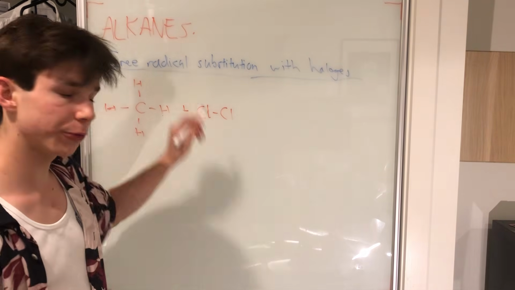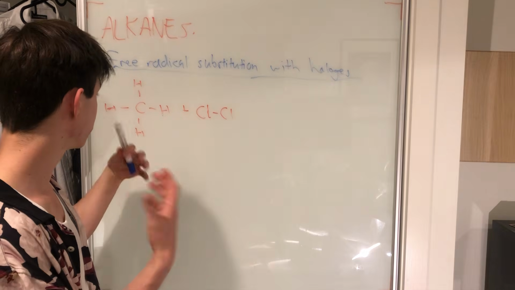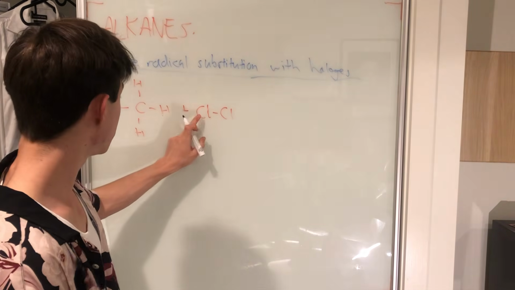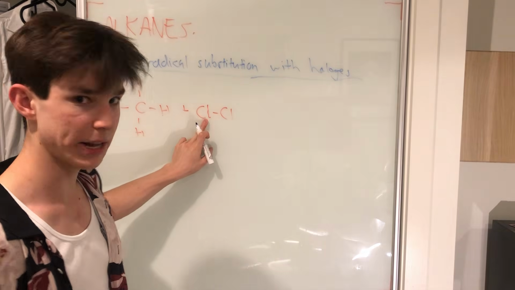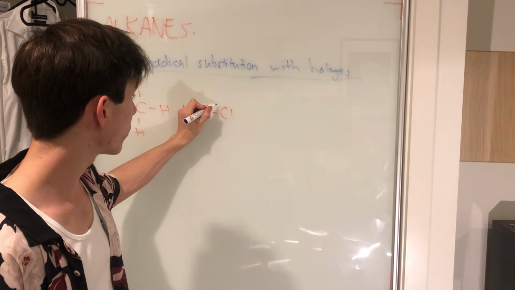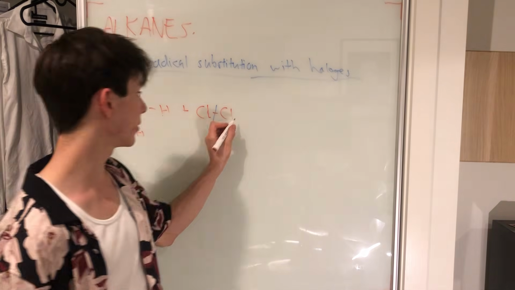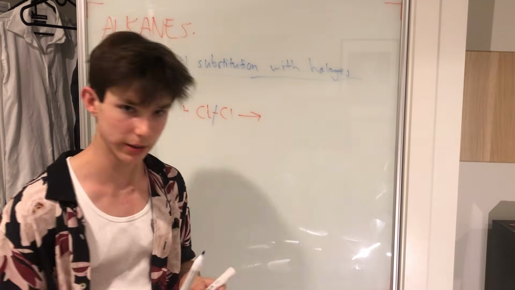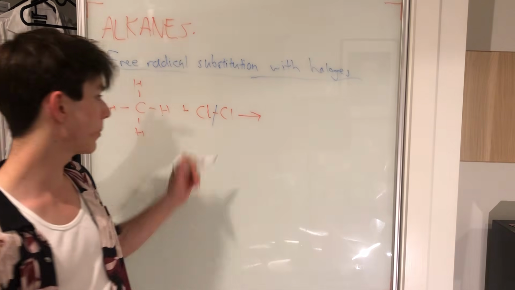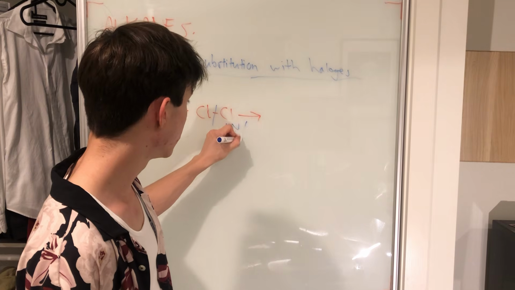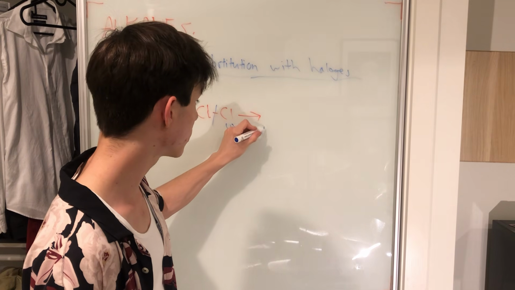And this whole free radical substitution thing comes in. Well, how are we going to do this? So in order to replace this hydrogen atom with a chlorine atom, first we need to break this bond. We need to break that bond so we have 2 individual chlorine atoms, not the diatomic molecule. And the way we do that is we have some UV light or some heat, or both.